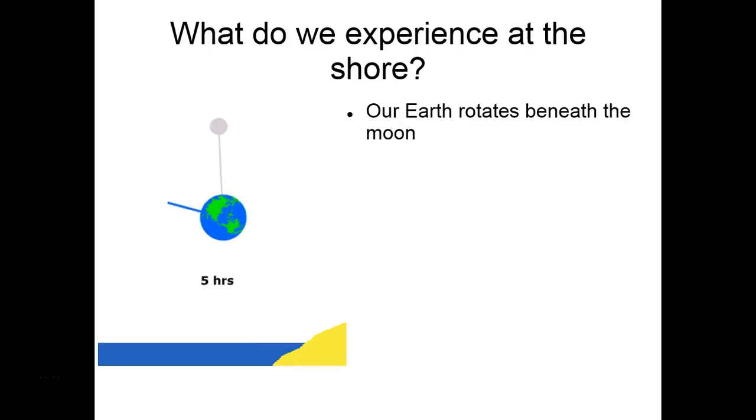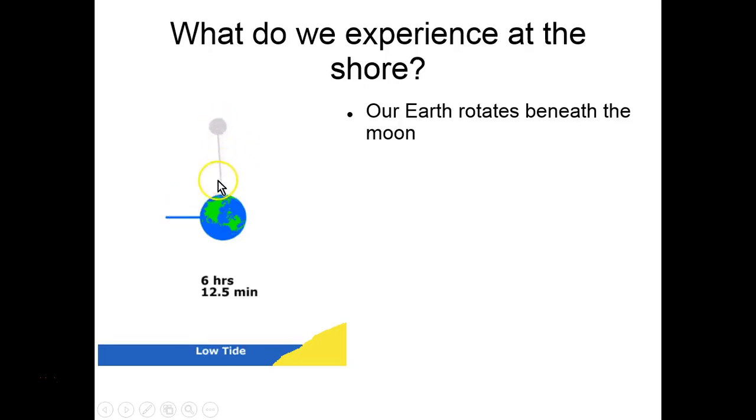Okay, so at the shore, we have down here the shoreline, so we can see what's happening. Up here we have the Earth rotating around, and we also have the moon orbiting around the Earth, so we can see what happens as the Earth rotates and as the moon moves. Okay, so our Earth is rotating beneath the moon.